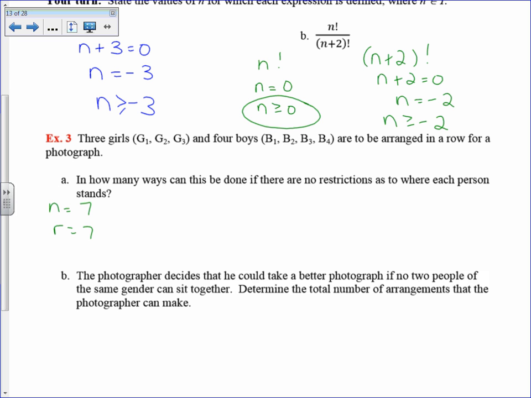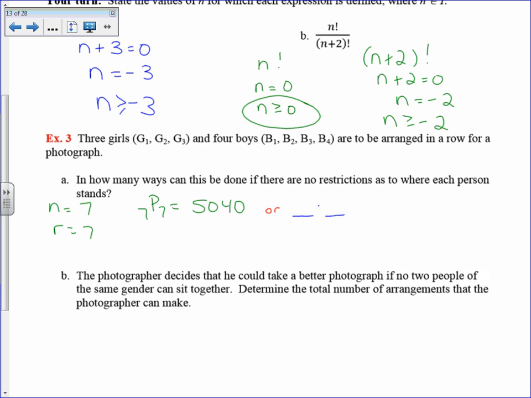So that means 7 pick 7, which we can just use on our calculator. That gives 5,040. So that's using a permutation. Or we can use the fundamental counting principle.